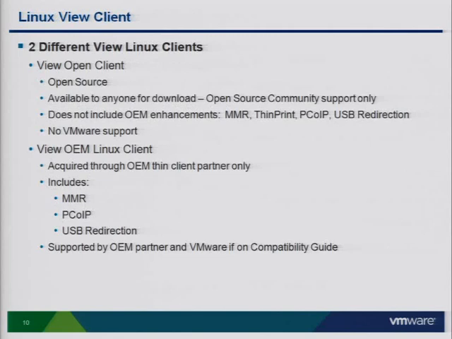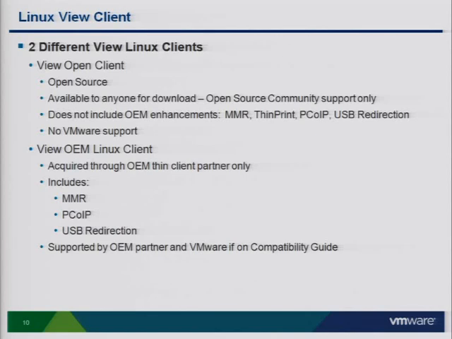So talking about that, we have an open View client for Linux, an open source client that anybody can download. You can go out and download this right now. And we have an OEM Linux client. That OEM Linux client is what we give to all of our partners in the thin client space so that they can offer functionality like MMR, like PC over IP, like USB redirection. If you use the open source client, you don't get any of that functionality.